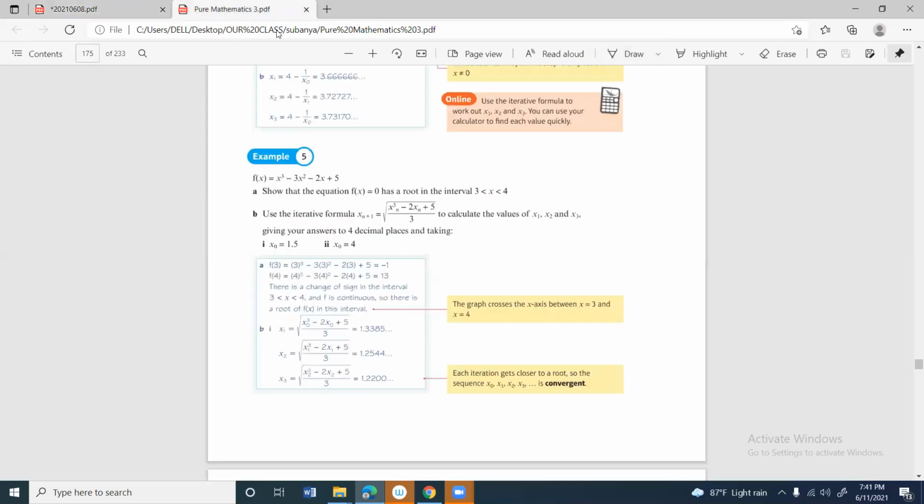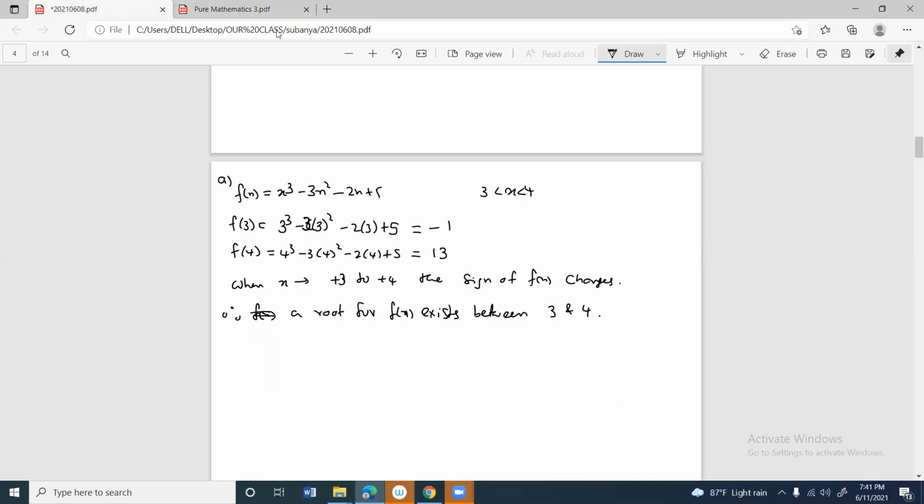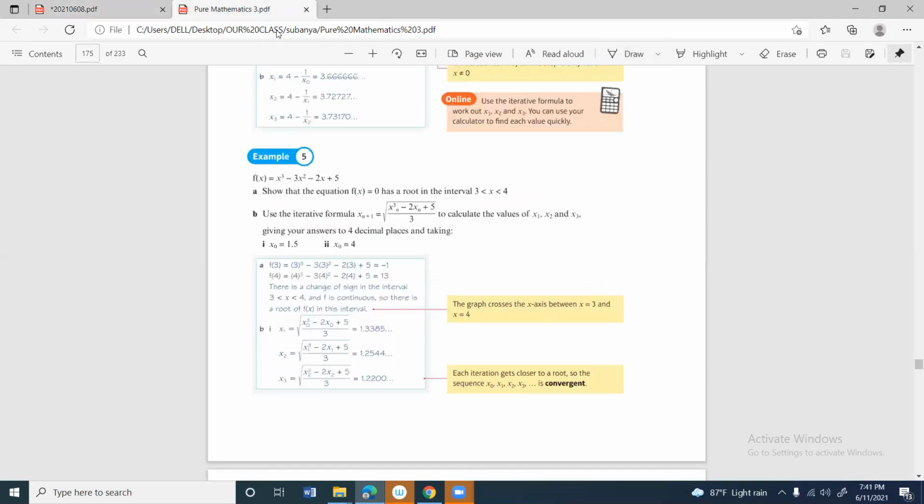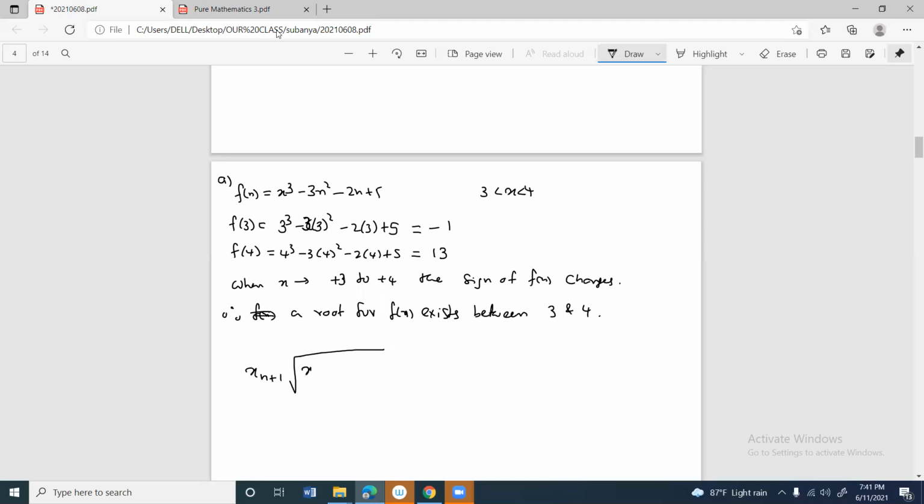Then part B, use the iteration formula. Here they have given the iteration formula for this, no need of generating it. So they have given x n plus 1 equals the square root of (xn cube minus 2xn plus 5) divided by 3.